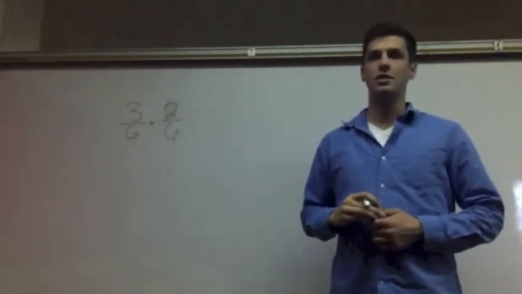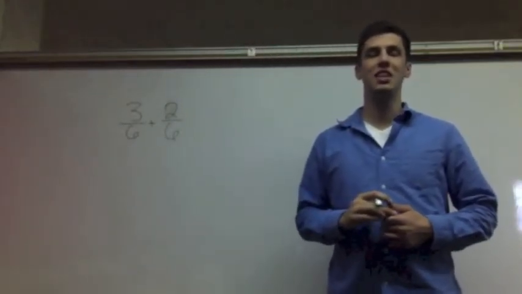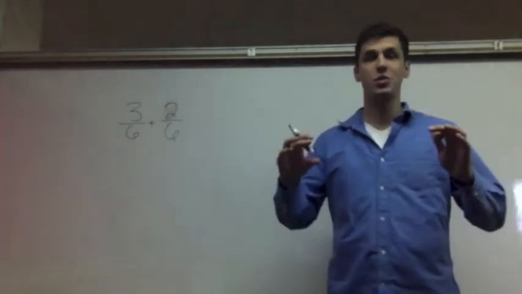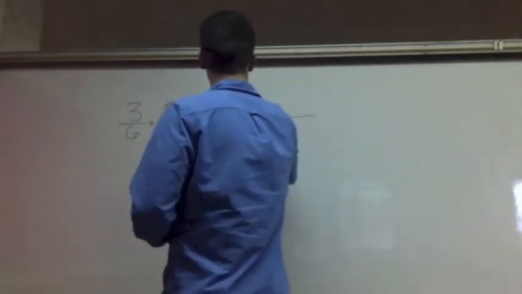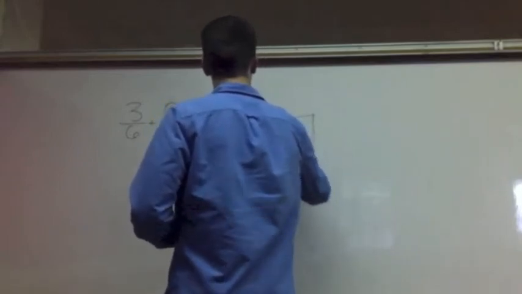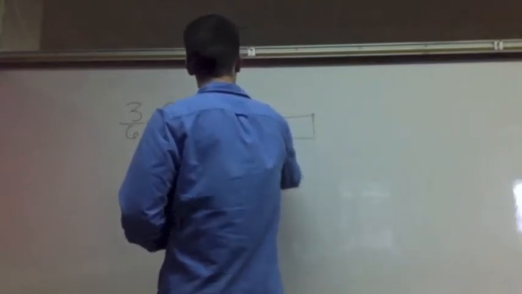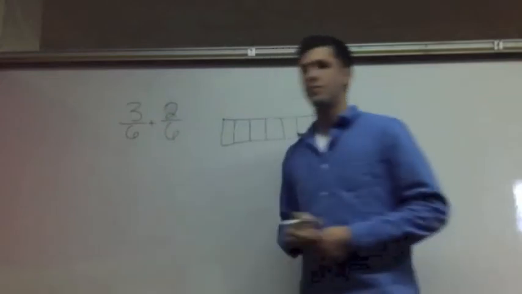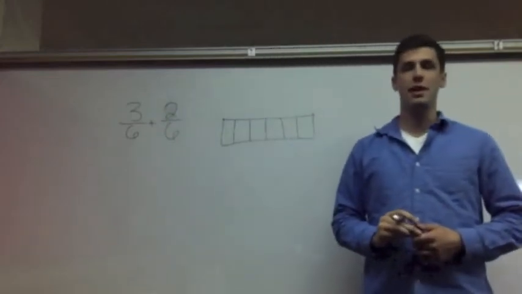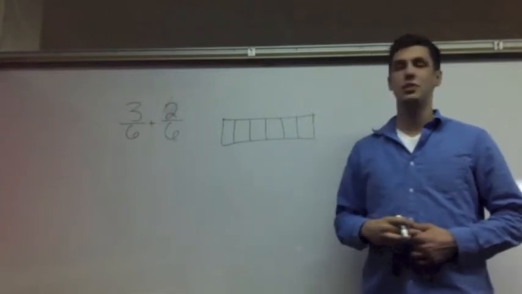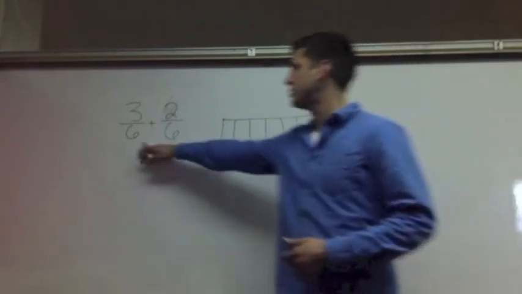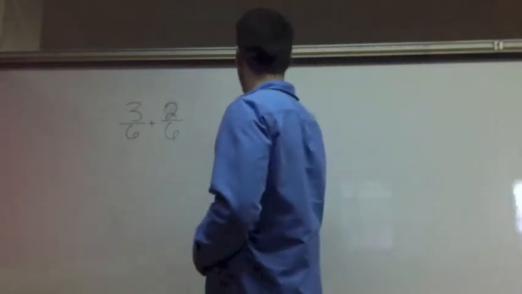If you have two fractions, 3/6 and 2/6, you can add them together and you can visualize it using a brownie pan. Here we have a brownie pan with 6 slices. These fractions say take 3 slices out of the 6, that's our first fraction, color them in.